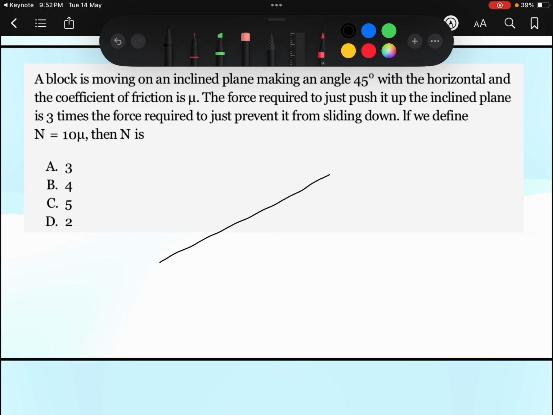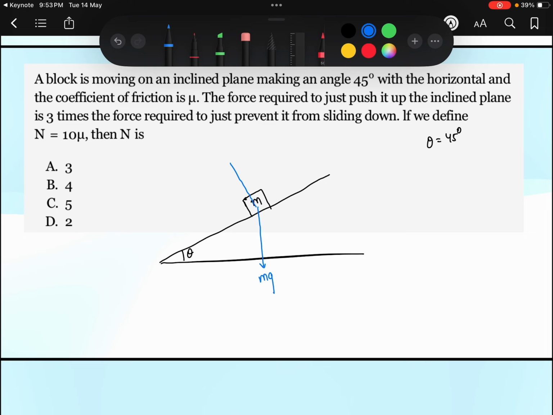This is an inclined plane, let us suppose, and it is making an angle theta with the horizontal. That theta is given as 45 degree. Okay, and here is a block of mass m, right? Now what are the forces acting on this block? One will be the mg force, that is due to gravitational pull of the earth.